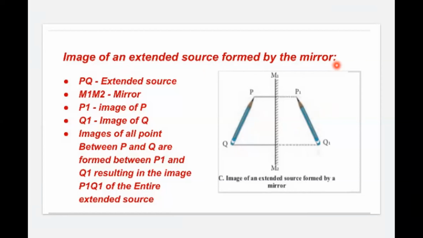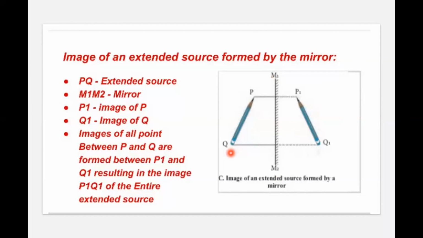Here you can see a mirror M1, M2. This is the front side of the plane mirror M1, M2, which is also called the reflecting side. And students, these slanting lines represent the back side of the mirror.